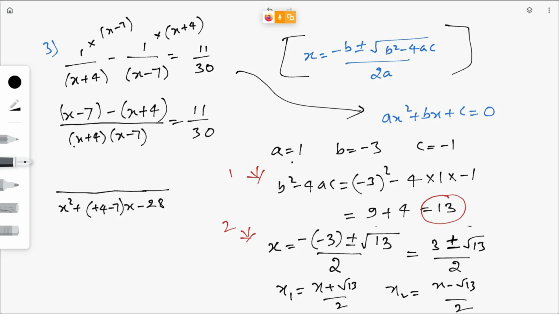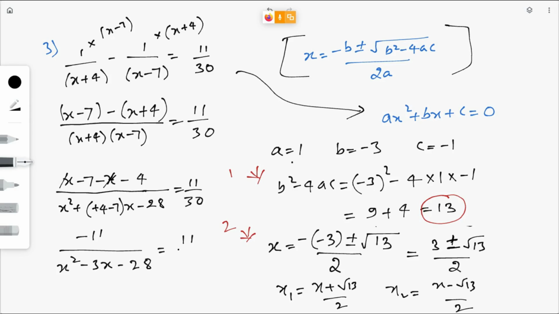And here x minus 7 minus x, and then minus 4 is equal to 11 by 30. x and x will cancel out, and here you will get minus 11 divided by x square minus 3x minus 28 is equal to 11 by 30. Any questions?